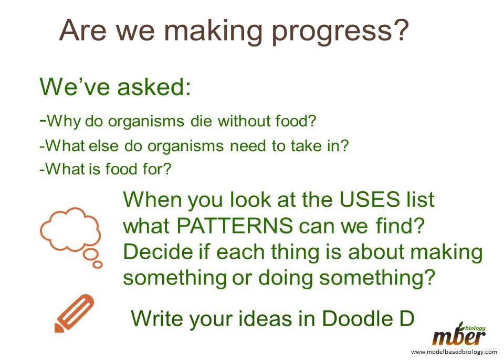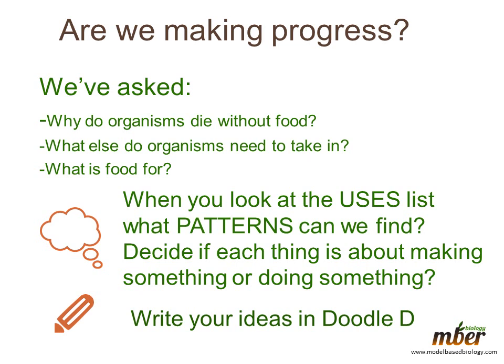So, when you look at the uses list, are there any patterns to be found? I want you to look at that uses list and decide if each thing is about making something or is it about doing something. For example, under the uses list, let's say one of your examples might have been that your body grows, right?